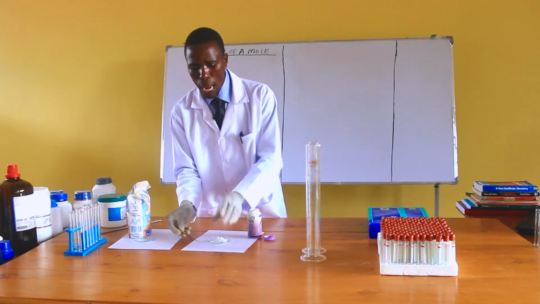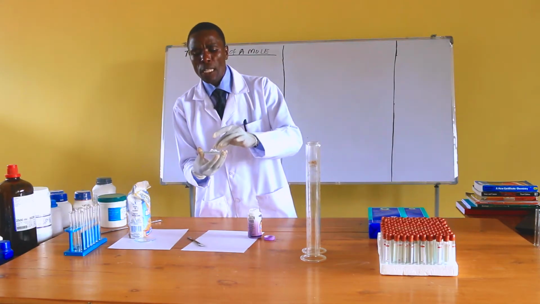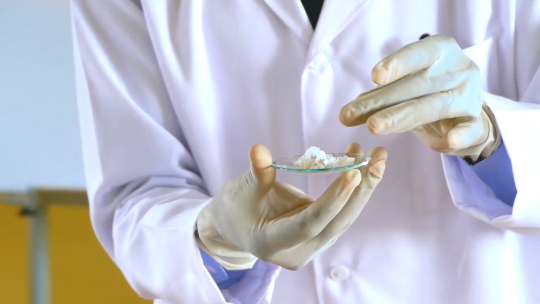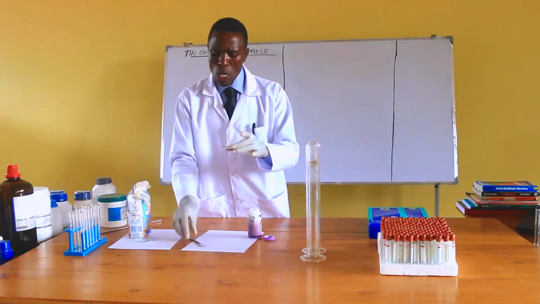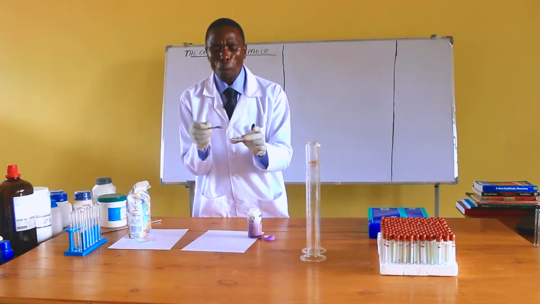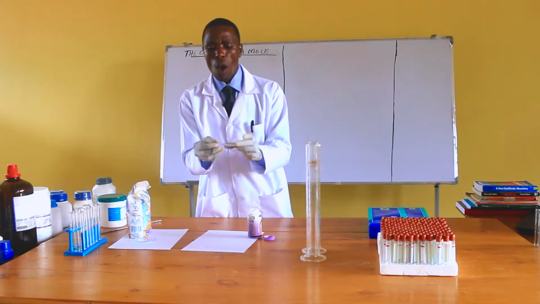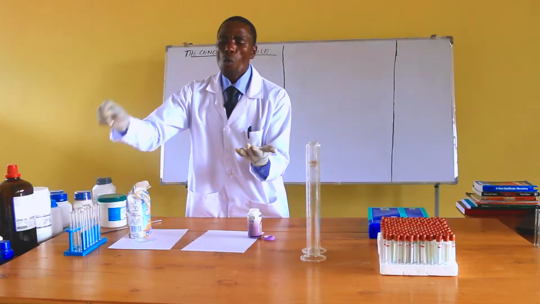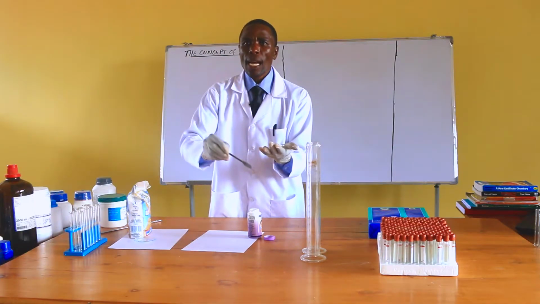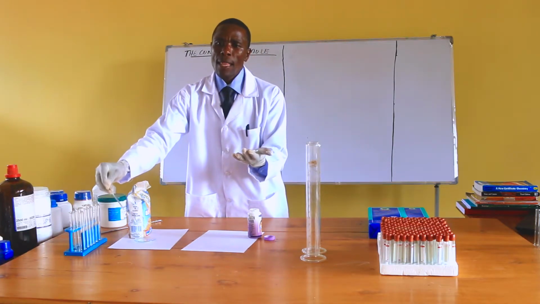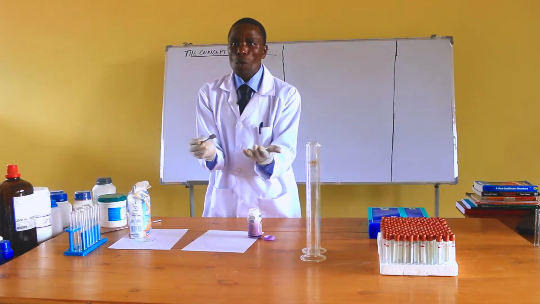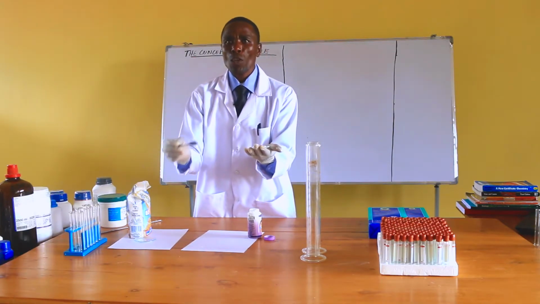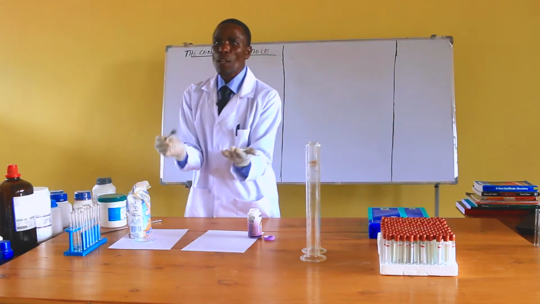So when you try to rub it with your fingers, you find they are really not scratching. Very small. Maybe I ask you, do you think it is possible to pick one particle of powder from here, and then pick the second, put it there with the other, so that we have a pair of particles, or at least you pick 12 particles of powder, that you form a dozen of powder?